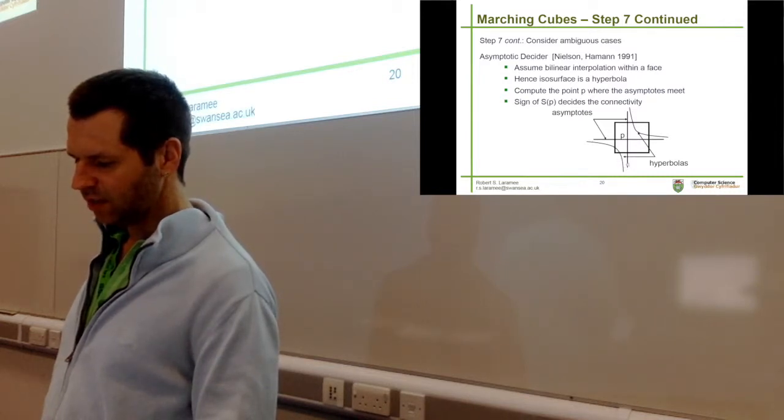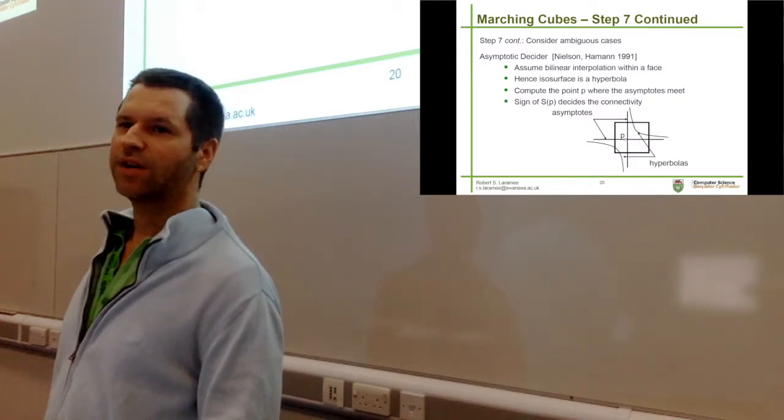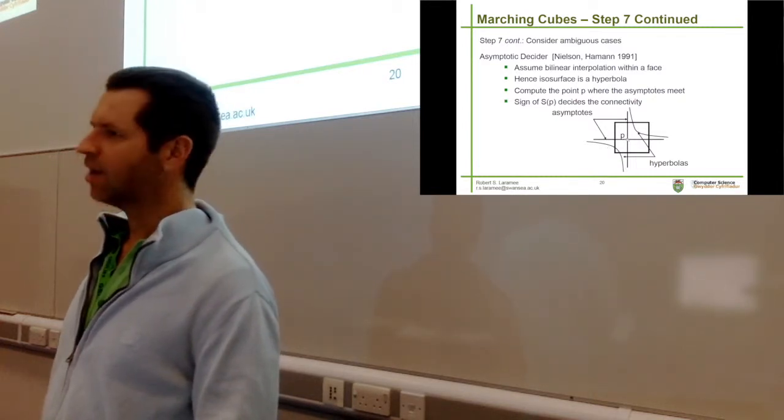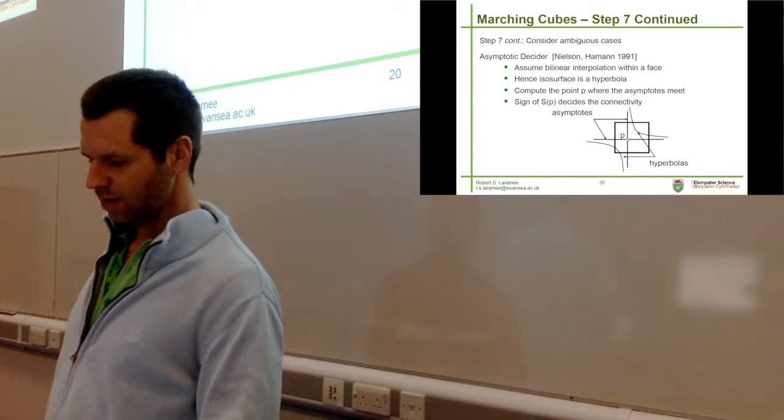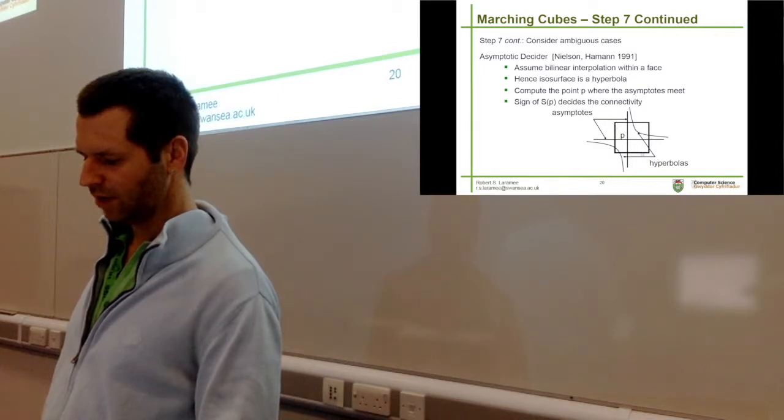And then we test the intersection or the hyperbolic point here that the two surfaces form. We test the sign. If the sign is the same, by sign I mean inside the isosurface or consistent with these two, then it's on the same side, then this is correct.